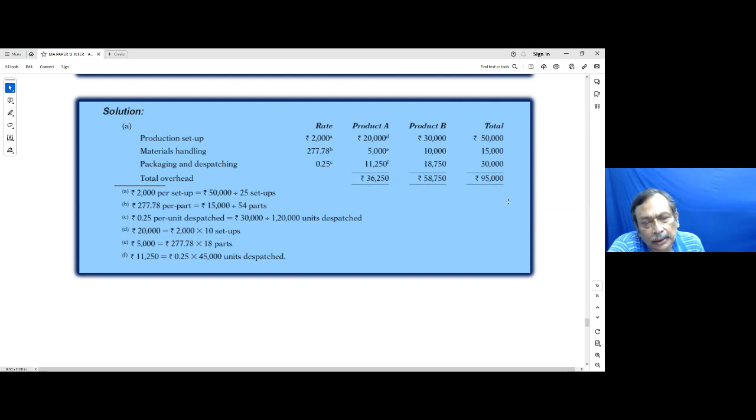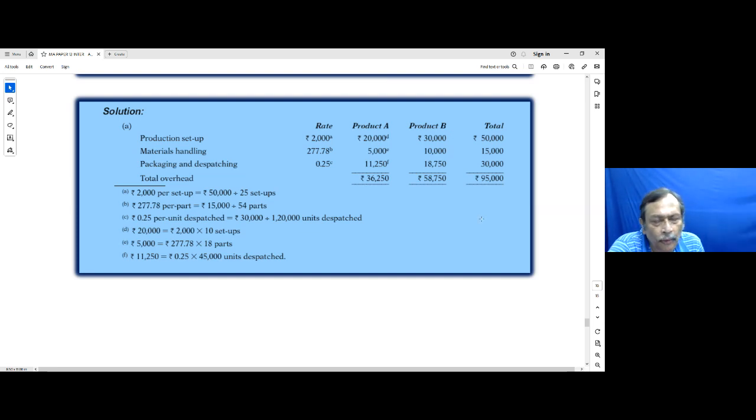Then for product A, 20,000, that is 2,000 into 10 setups. Then 5,000, that is 277.78 into 18 parts. Then 11,250, that is 0.25 into 45,000 units dispatched. So we have calculated all of these for product A, product B and total.